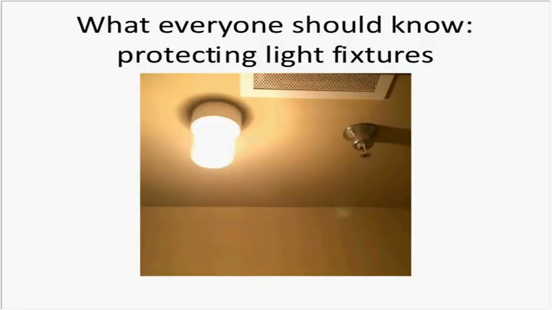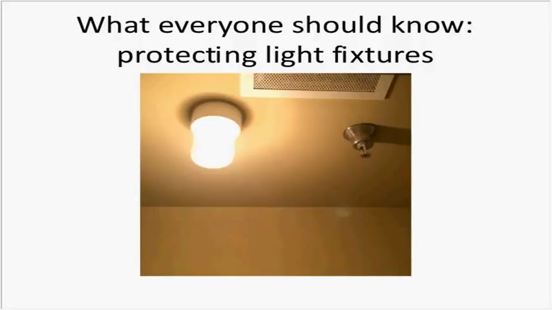Light fixtures are required to have protective globes for incandescent fixtures and covers or sleeves for fluorescent tube fixtures. So why is that? Well, let me give you an example. Imagine a housekeeper goes into a utility room with a mop and doesn't see that a protective globe is missing from a naked bulb.